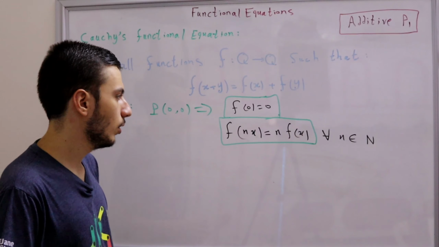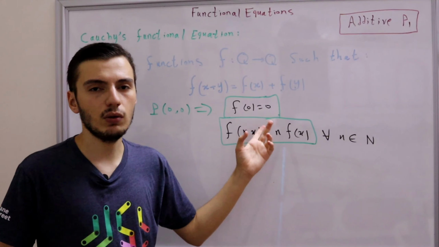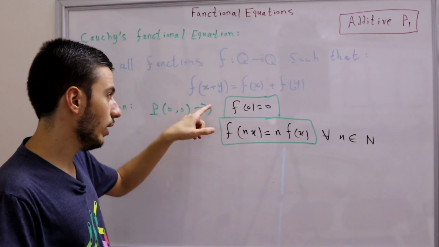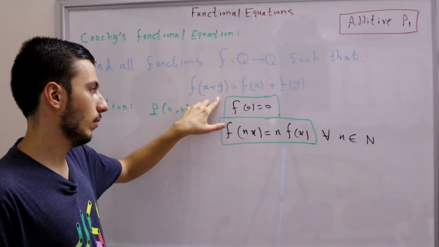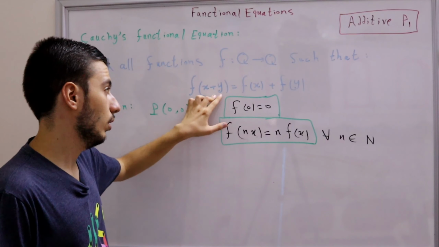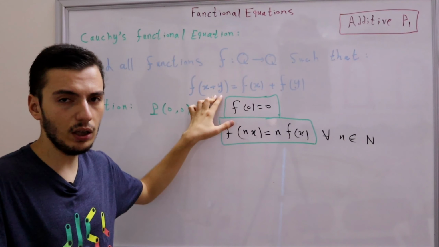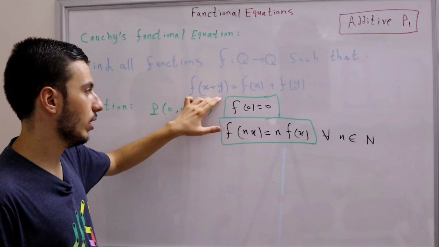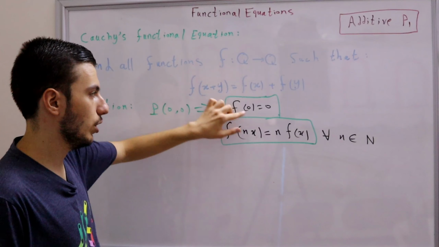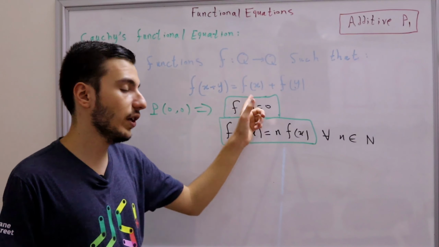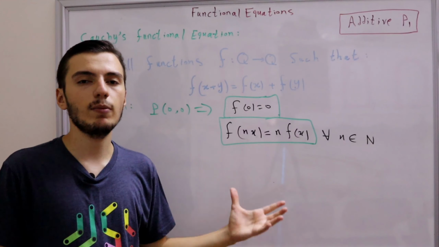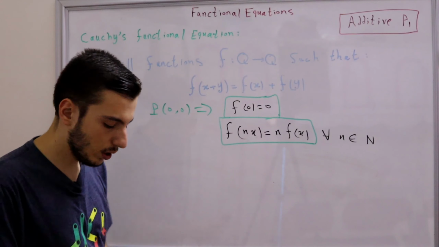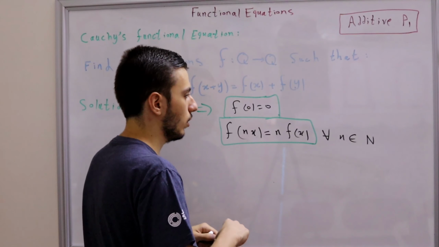And that's very simple. Because we know the value of f of 0, which is 0, that will motivate us to substitute y with minus x, right? So if we substitute y with minus x, we're going to get f of 0, which is 0, is equal to f of x plus f of minus x, and that means that f is odd. So why not add this to our results?